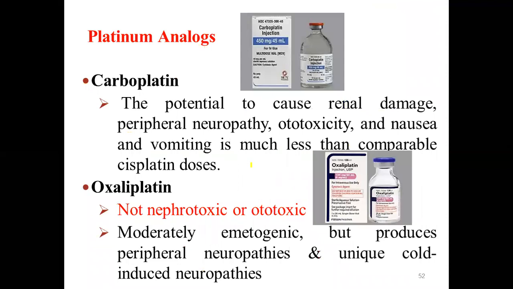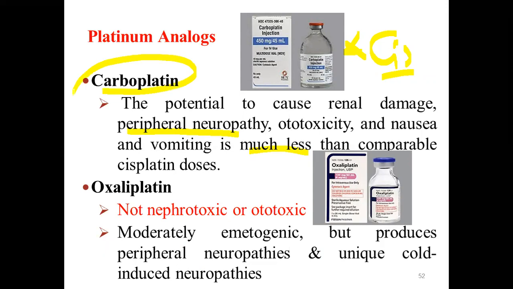Then the next drug we are going to see is carboplatin. Remember, the potential to cause renal damage, peripheral neuropathy, ototoxicity, and nausea and vomiting is usually less severe compared to cisplatin. In case a patient is not eligible to take cisplatin because of renal profile, carboplatin is usually the alternative, because the possibility of causing renal damage is comparatively minimal.